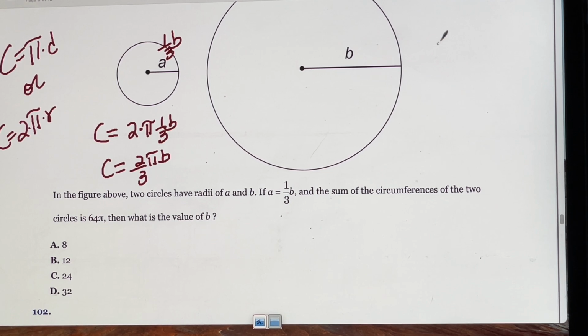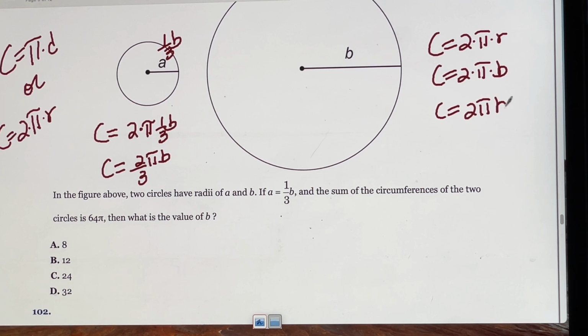The circumference of the second circle is C equals 2 times pi times the radius, which is B, and we get 2 pi B. Okay, so we know the circumference of both circles. Now we know that the sum of those two is 64 pi.